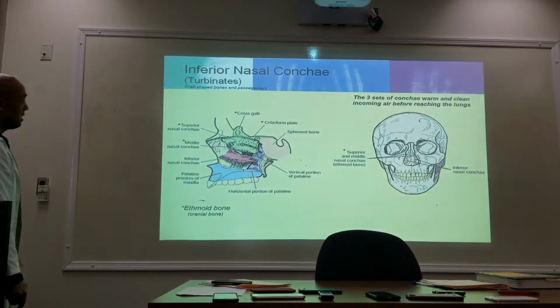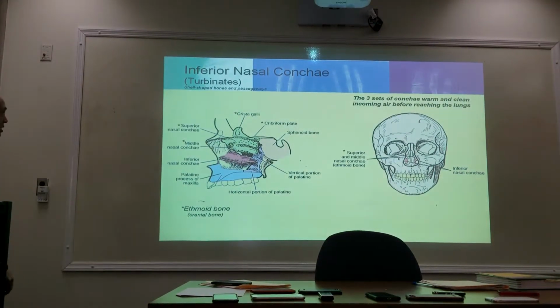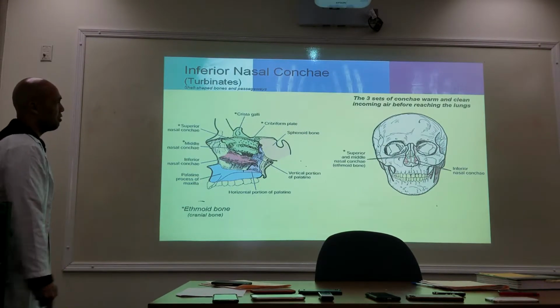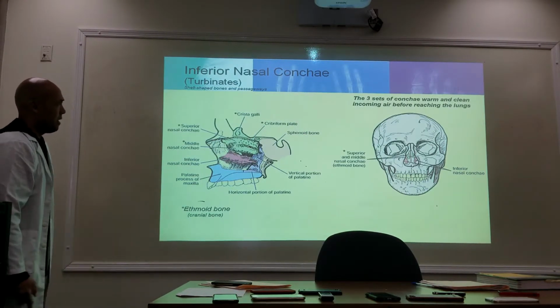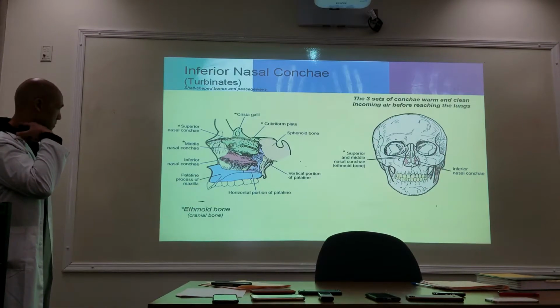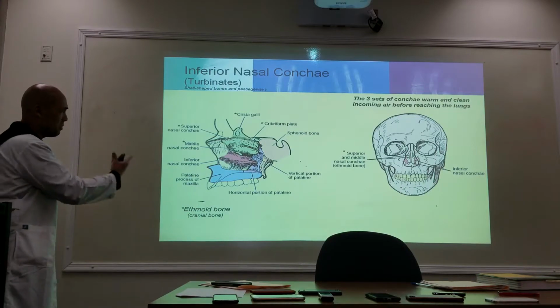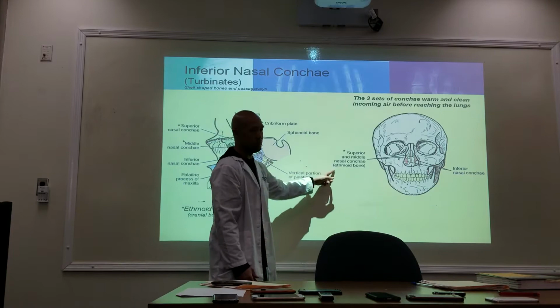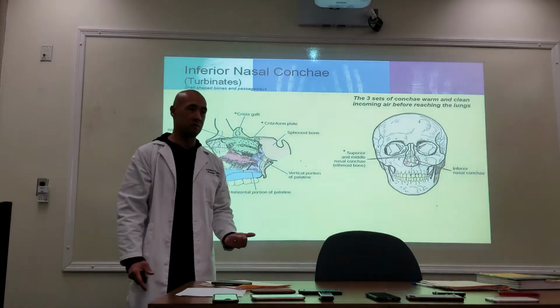Okay. Next one here is the inferior nasal concha, or conchae. There are three sets of conchae that warm and clean incoming air before reaching the lungs. We covered the superior and middle nasal conchae last week because that is formed by the ethmoid bone, which is part of the cranial bones.